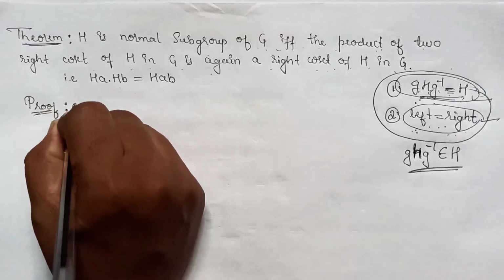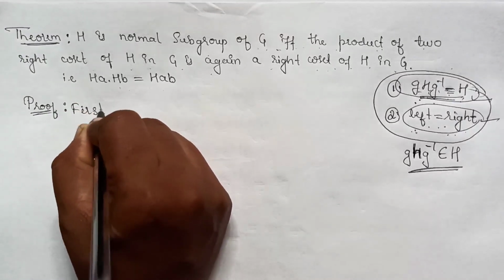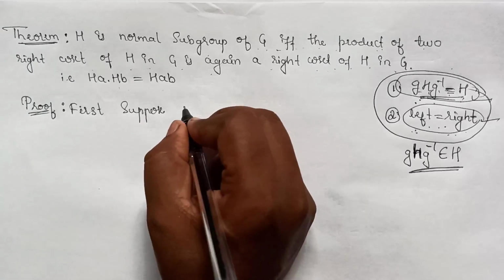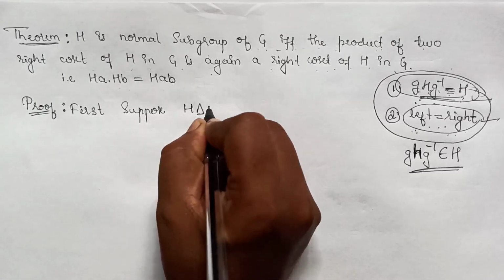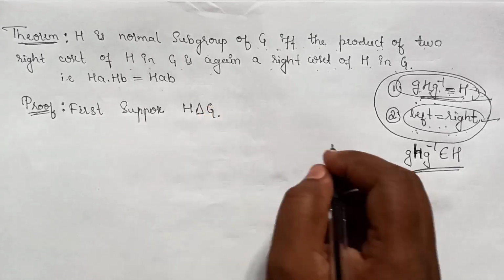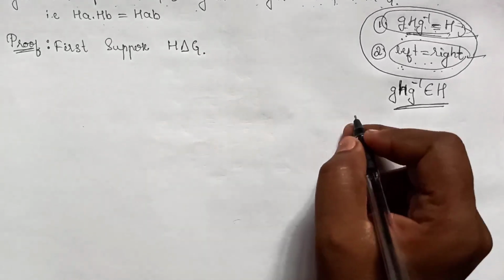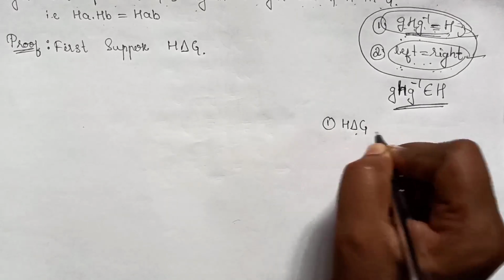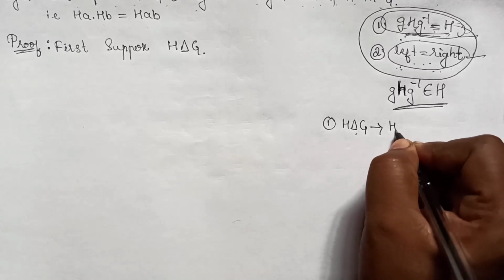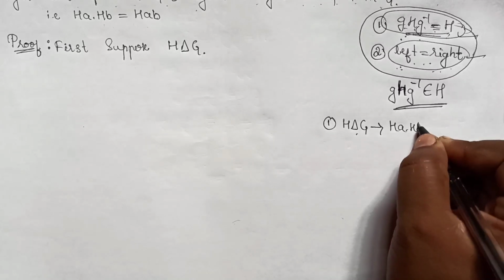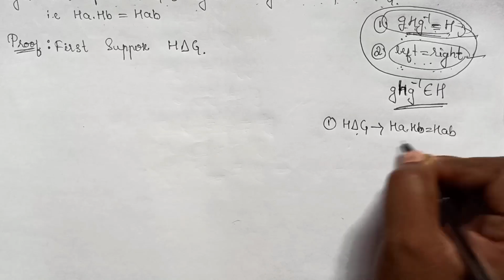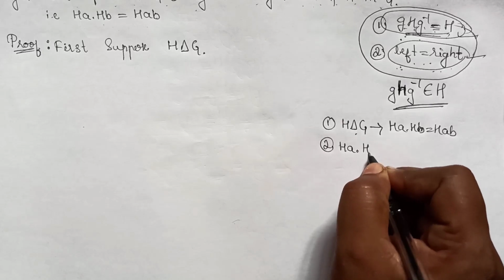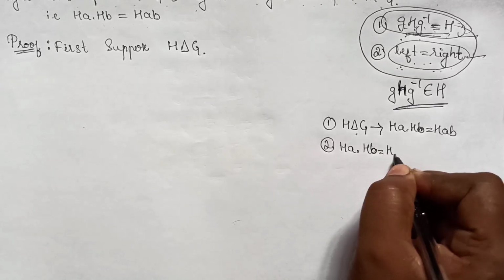First, suppose H is normal to G. So first we assume H is normal to G and we have to prove Ha dot Hb equals Hab. Second, we assume that the product of two right cosets equals again a right coset.